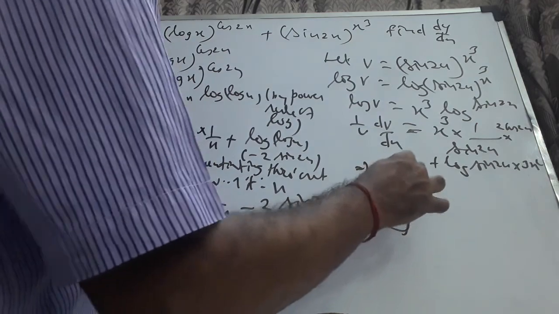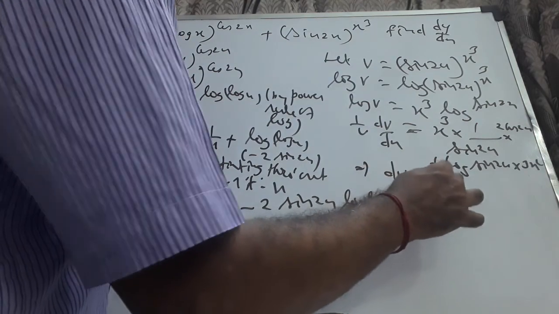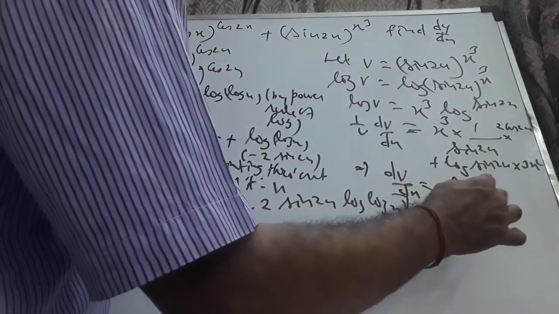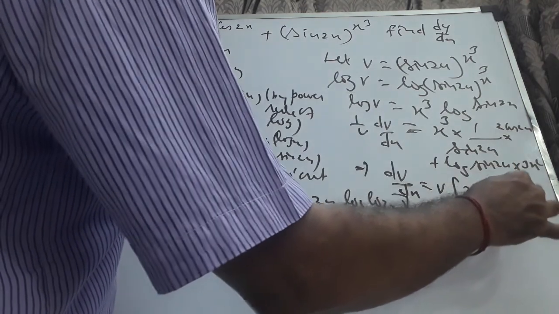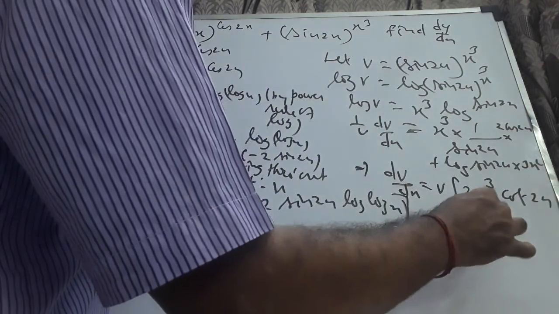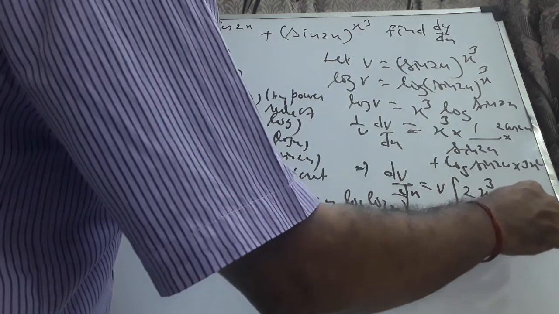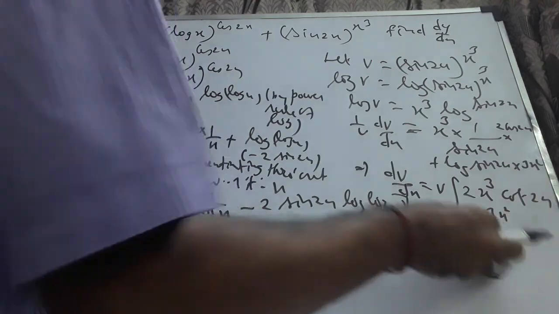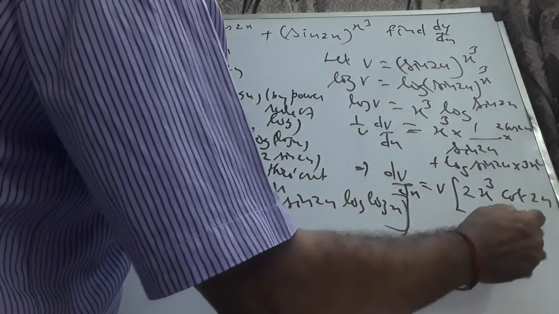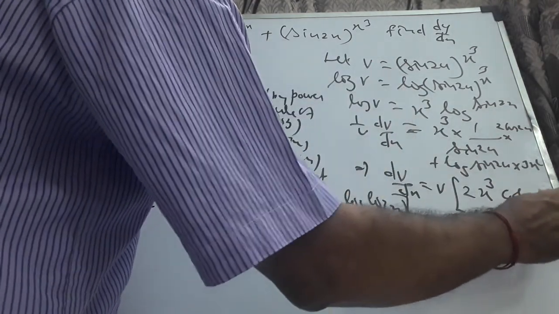Therefore, dv by dx equal to v into 2x cube cot 2x plus 3x square log sin 2x.